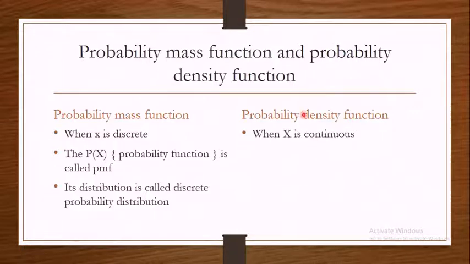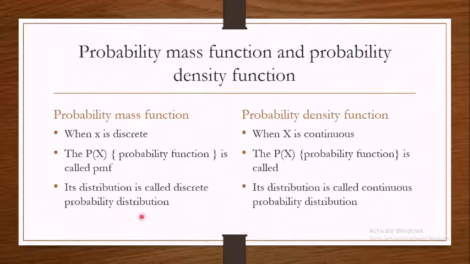Now the probability density function: when x is continuous, you call p of x, the probability function, the probability density function, sometimes given as PDF, and its corresponding distribution is called a continuous probability distribution.